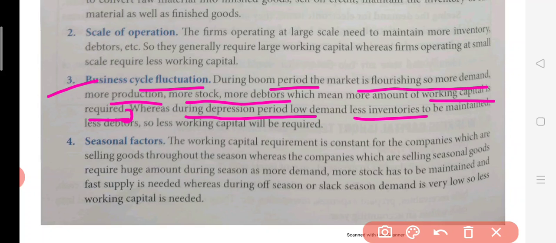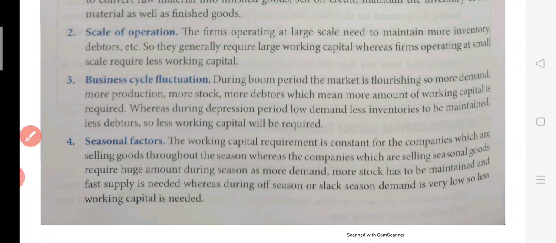So we will require less working capital in the depression period. Remember this: in boom period, more working capital will be required, and in depression period, less working capital will be required.